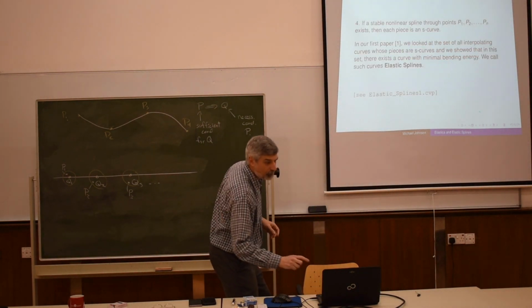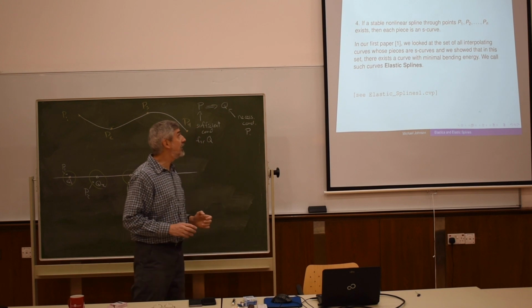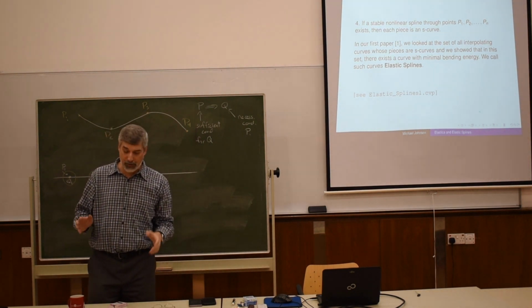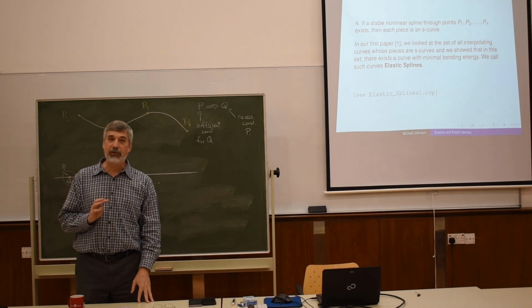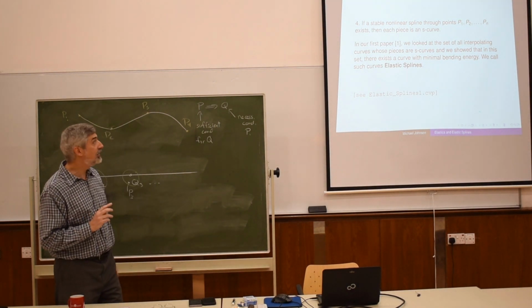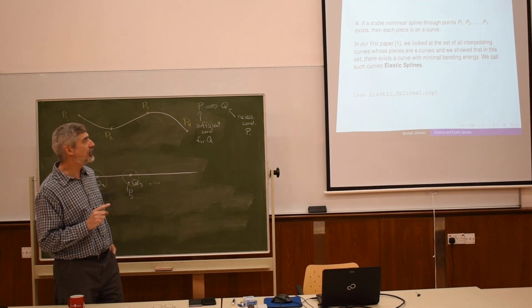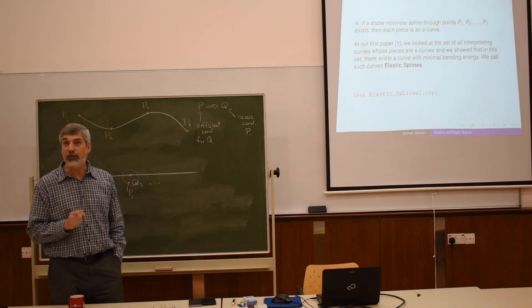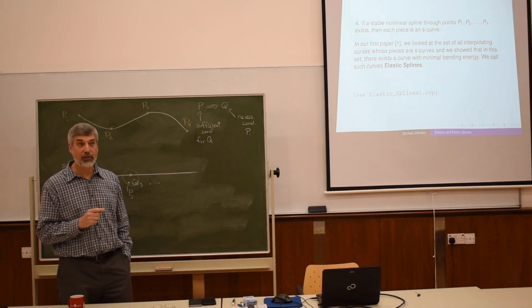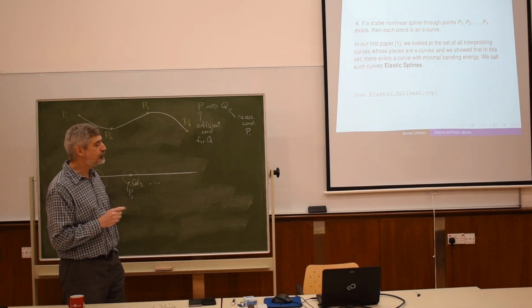So the significance of that is, when Albert and I started, we had a fourth necessary condition. And it is that if a stable nonlinear spline through these points exists, then each piece will be an S-curve.